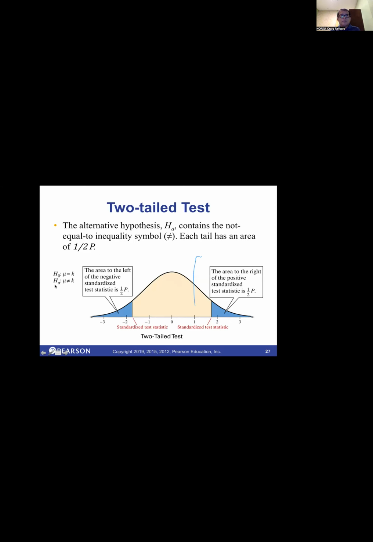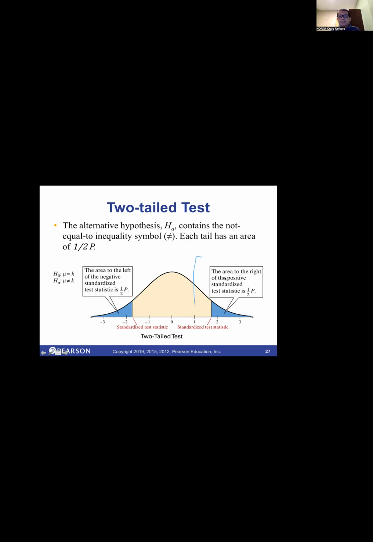So when we look at this alternative hypothesis, mu is not equal to K. If mu is not equal to K, then it can be less than K or it can be greater than K, because it is mentioned mu is not equal to K. Our logical analysis would be that mu can be less than K or mu can be greater than K. So this is going to the left and this one is going to the right side.